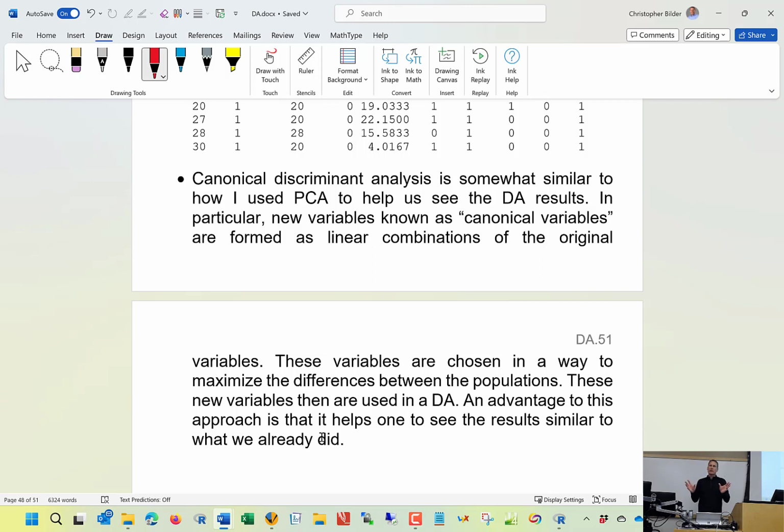What canonical discrim analysis does is form new variables similar to principal components. Instead, they're called canonical variables. And we perform discrim analysis on those canonical variables.